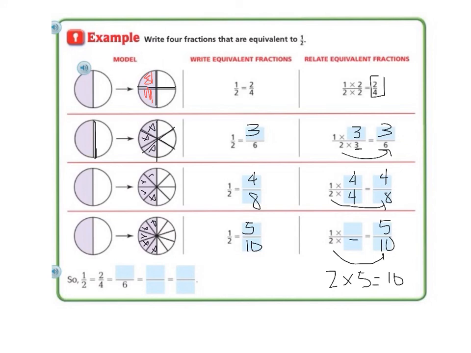And if I multiply by 5 on the bottom, then I have to multiply by 5 on the top. 1 times 5 is 5, so I get the fraction 5/10. So 1/2, 2/4, 3/6, 4/8, and 5/10 are all equal. They're different names for representing the same value.